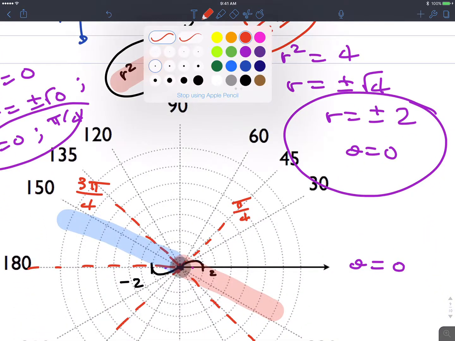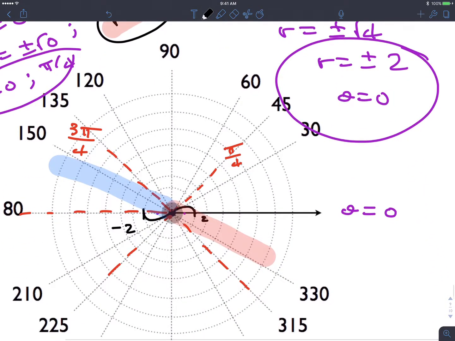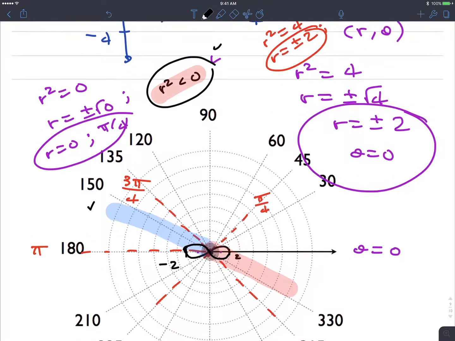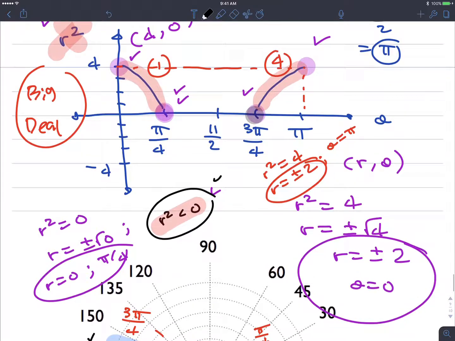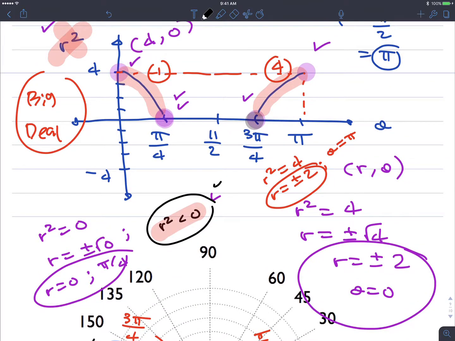So let's see what this looks like. The pole, and I'm over here. I'm going to have to go from the pole to a positive radius value of 2, so I'm going this way. You agree with that? I'm also going how? Negative radius. So right in here, from 3 pi over 4 to pi, I have 2 directions.